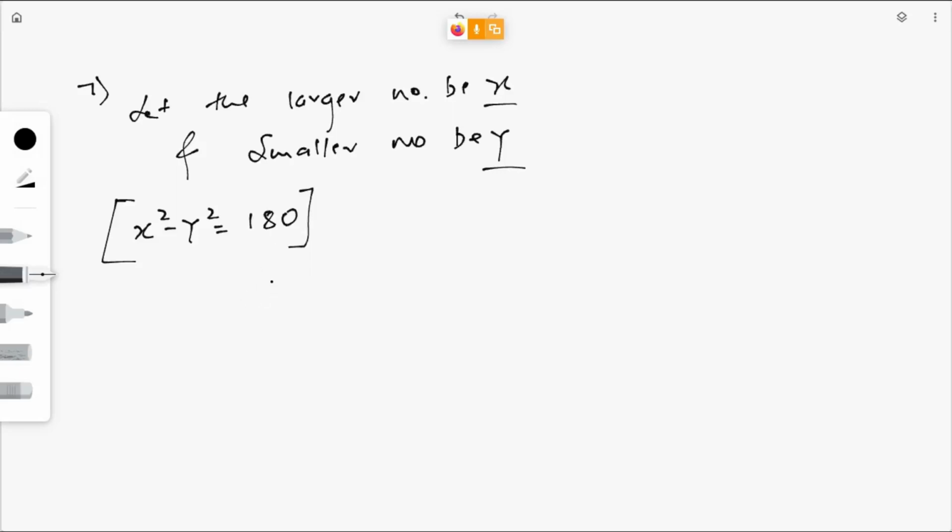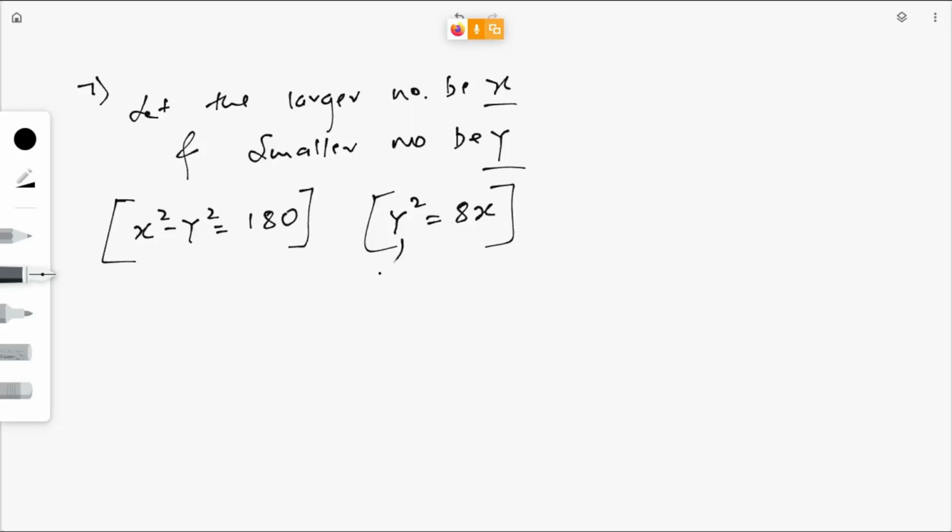What is the second statement? The square of the smaller number is 8 times the larger number. The square of the smaller number is y square, so y square is equal to 8x.